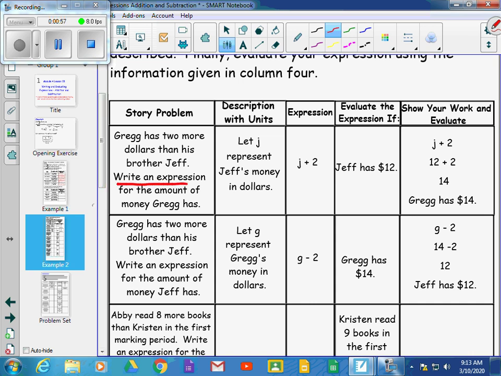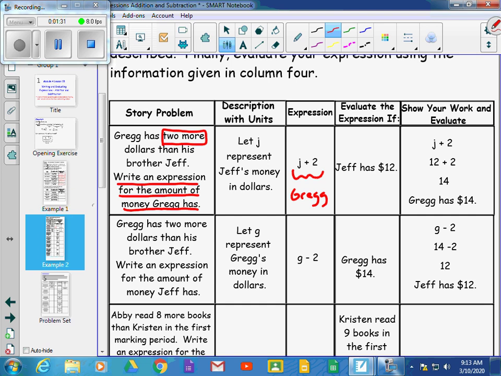Since they want us to write an expression for how much money Greg has, the variable has to name what the other person has. So J is simply what we're going to call Jeff's amount of money in dollars. We'll use an expression to represent what Greg has. If Jeff has J dollars, then Greg has J plus 2, because Greg has $2 more than his brother Jeff.